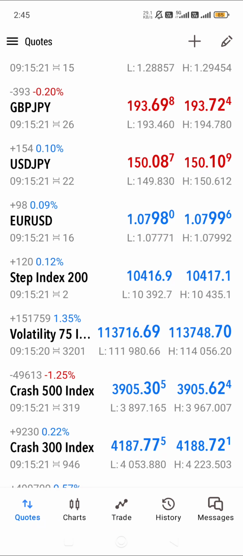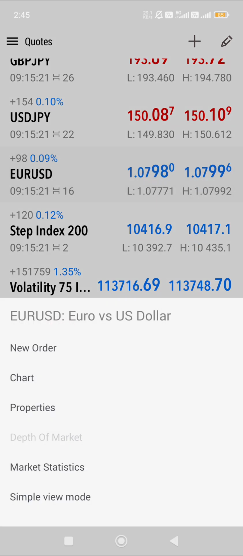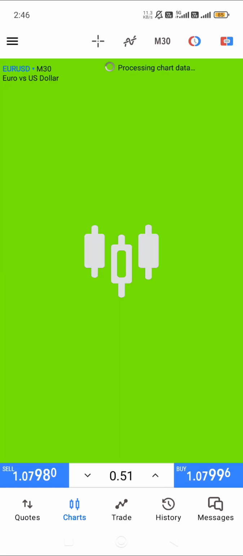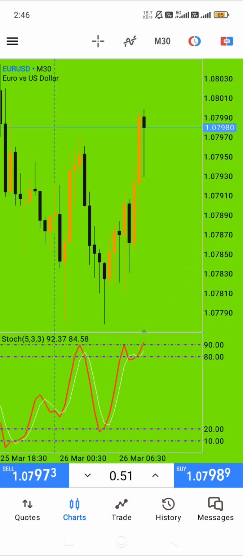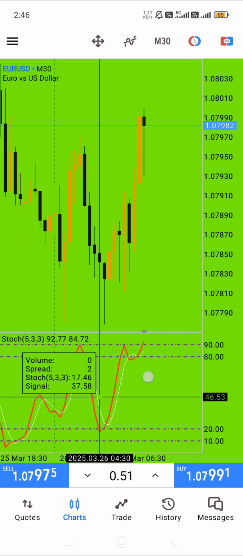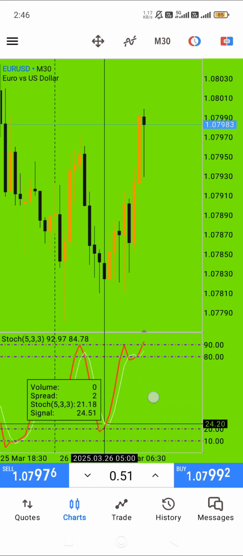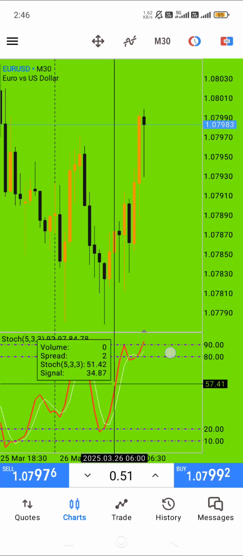Any other, Euro USD, this is the currency mostly traded. I'll check this Euro USD. Network is like that, very slow. Same thing, 30 minutes time frame. Here the 10 and 20 levels cross both lines and go to the upside.